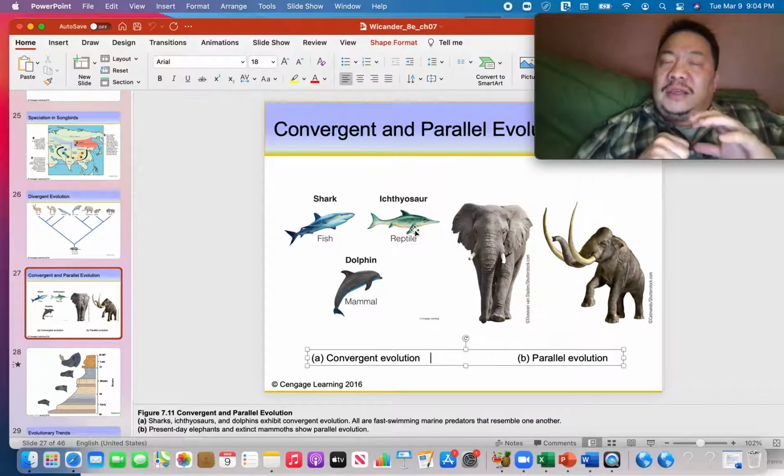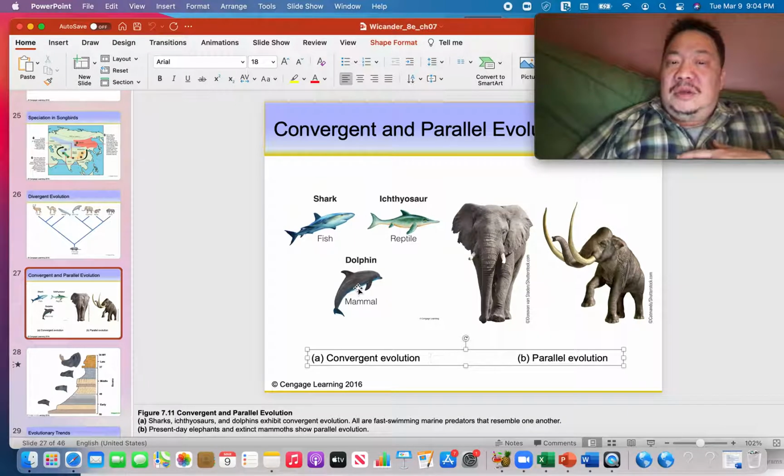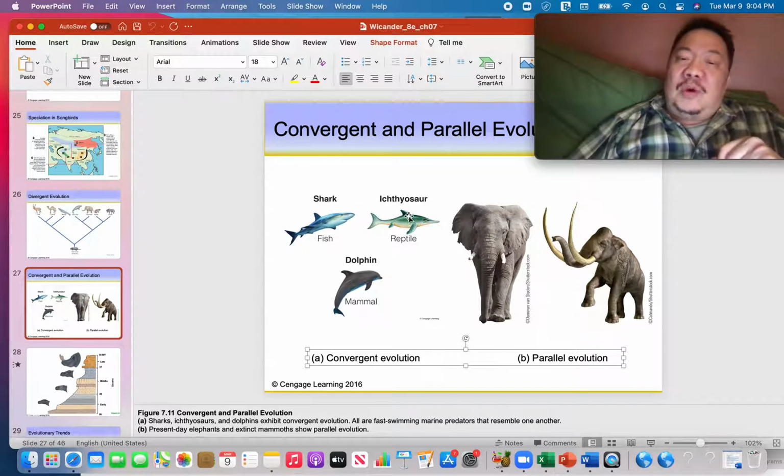Mother Nature only has some body forms that work to solve different problems in nature. To solve the problem of being a fast swimmer and a predator, this is the shape that works. So they all developed the same shape because this is the shape that worked. Other body forms that did not work, we'll look at later. But this is what works.